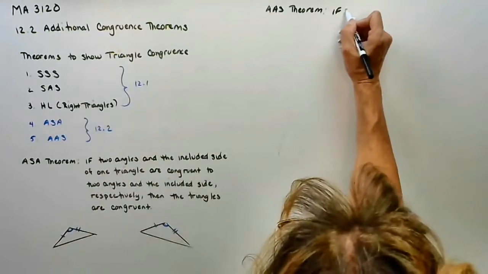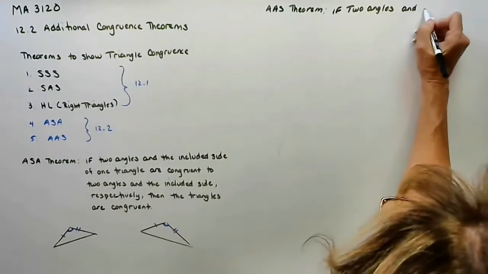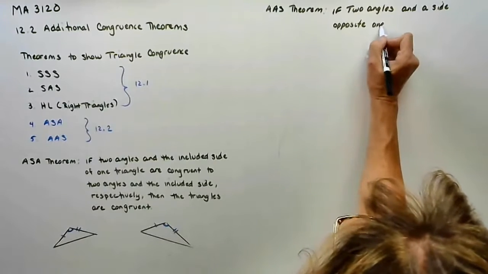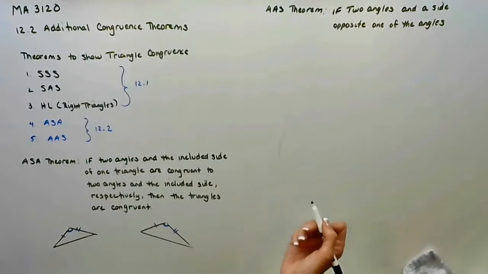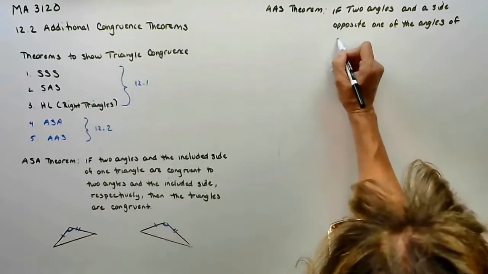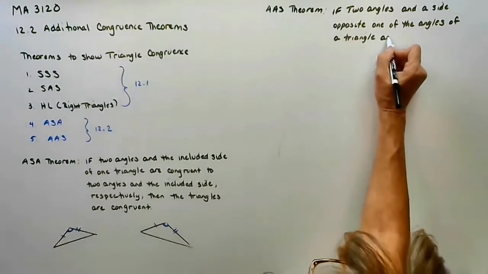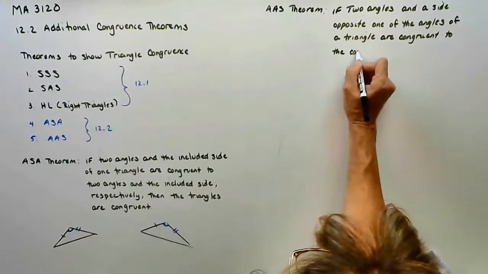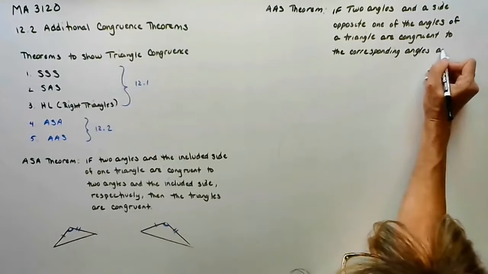Okay, so two angles and a side opposite one of the angles are congruent to the corresponding angles and side.